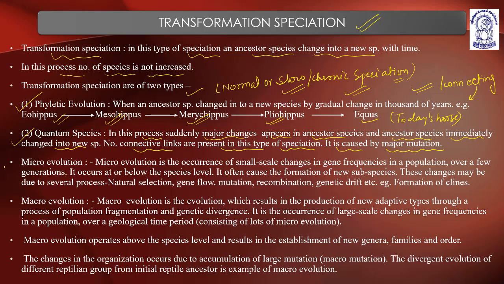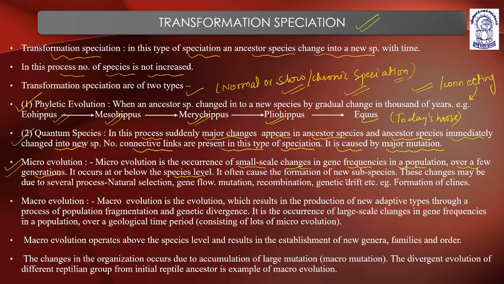There are some common terms, like microevolution. Microevolution is the occurrence of small scale changes in gene frequencies in a population over a few generations. It occurs at or below the species level.